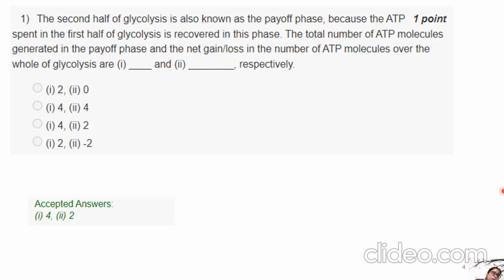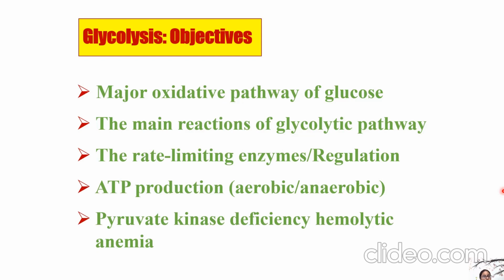So the answer will be 4 and 2, and why, we'll discuss glycolysis and basically the investment phase and the payoff phase in detail. So we know what are the objectives of the process of glycolysis. It's a major oxidative pathway for glucose. The main reactions of the glycolytic pathway have rate limiting enzymes, so regulation basically regulates the process.